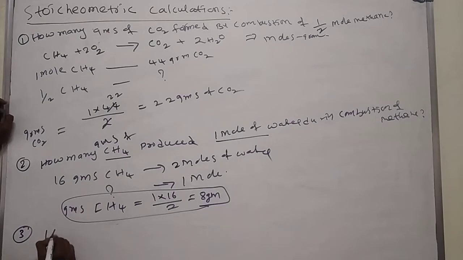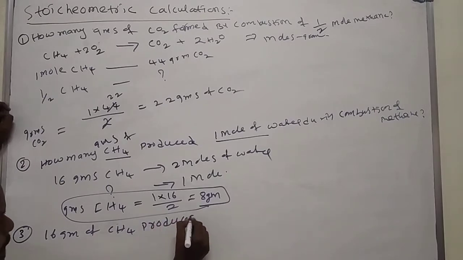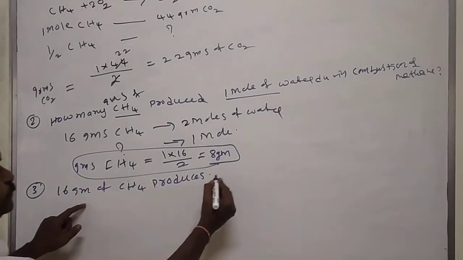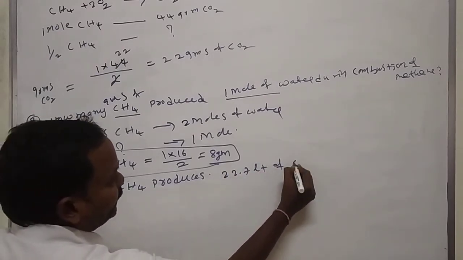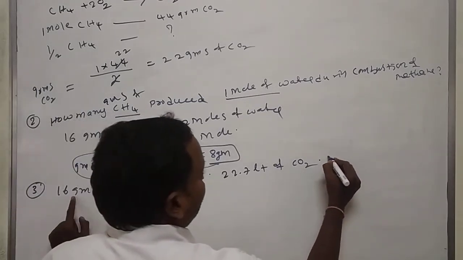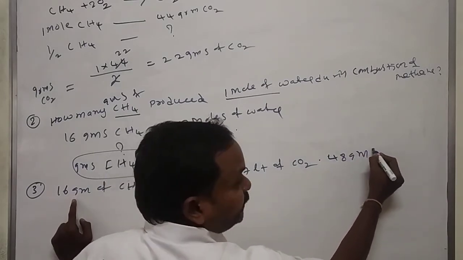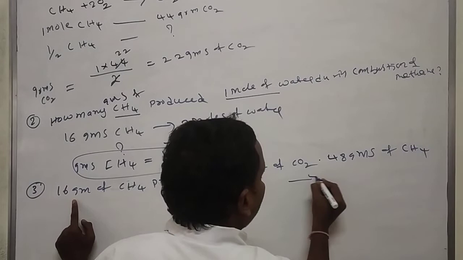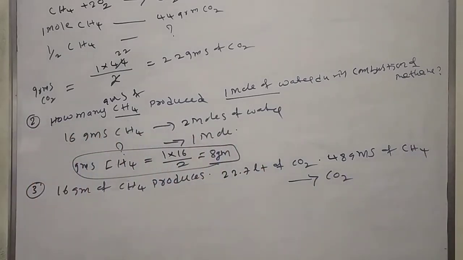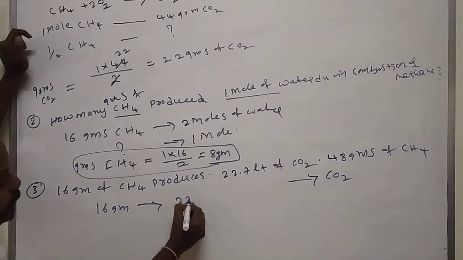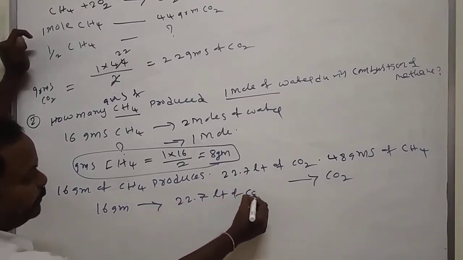Third problem: 16 grams of methane produces 22.7 liters of carbon dioxide. Now 48 grams of methane produces how much carbon dioxide? Here, 16 grams of methane produces 22.7 liters of carbon dioxide.